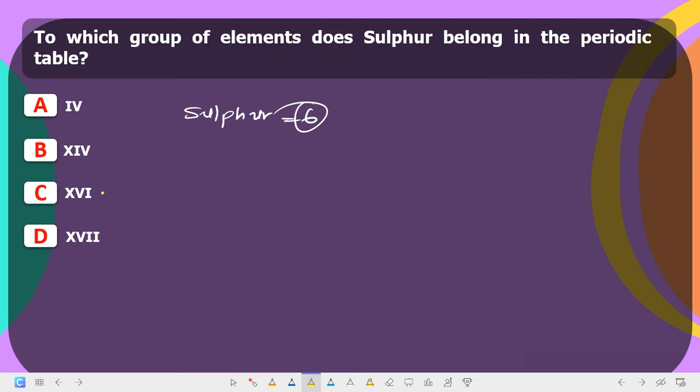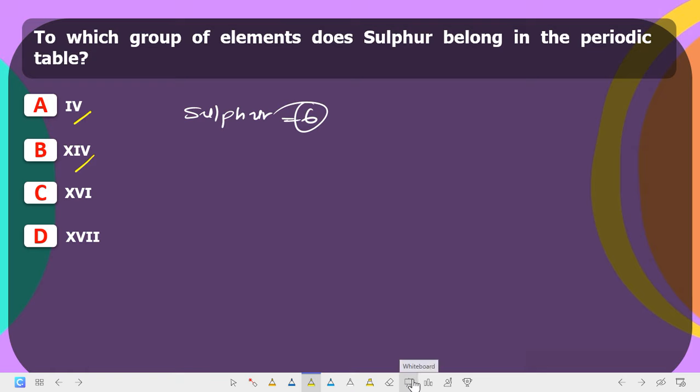Here is 6 here. There's no 6 here. To which group of element does sulfur belong in the periodic table? This is 4. This is 14. Okay. We can also say that it belongs to group 6 or group 16.